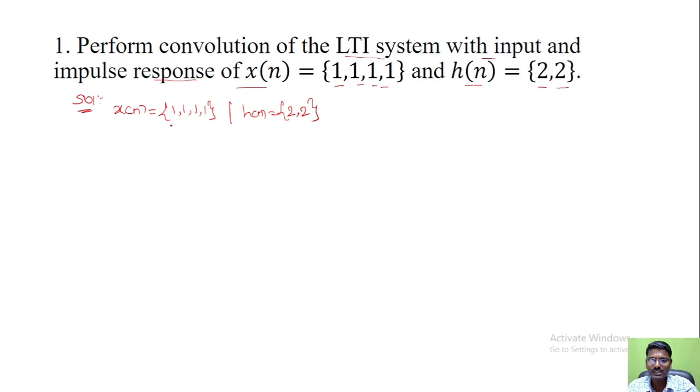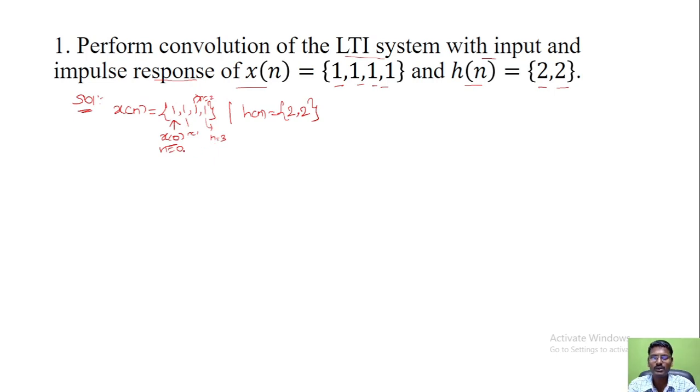They have not mentioned the 0th sample, or from where the sample is starting. So we can assume that in the given input signal the values start from the first sample, which is n is equal to 0. So this is the value of x of 0, where n is equal to 0, and this is n is equal to 1, this is n is equal to 2, and this sample is n is equal to 3.